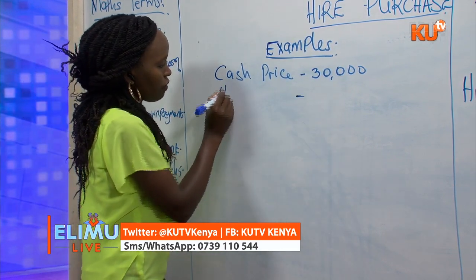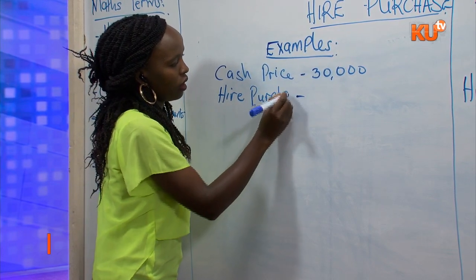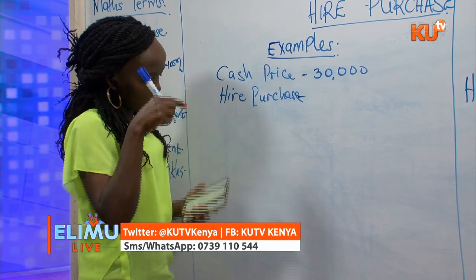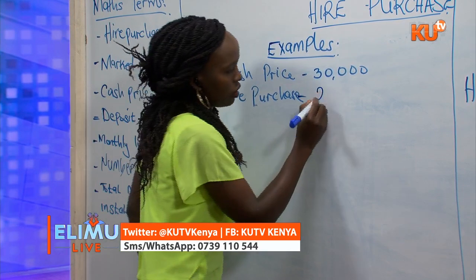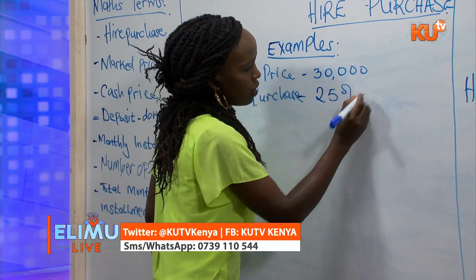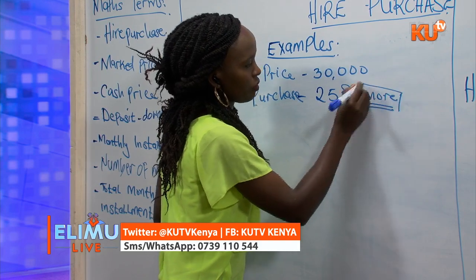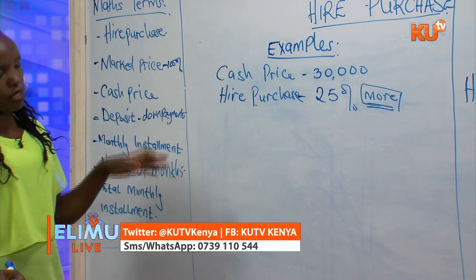So we have the hire purchase, and we have been told that the hire purchase is 25% more. So here we have another term, more. It is 25% more than the cash price.